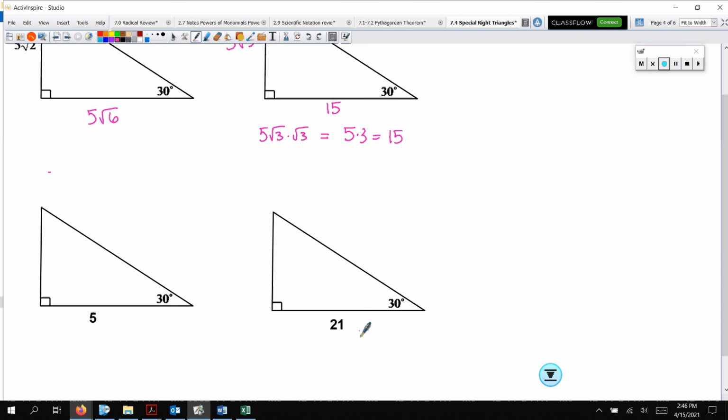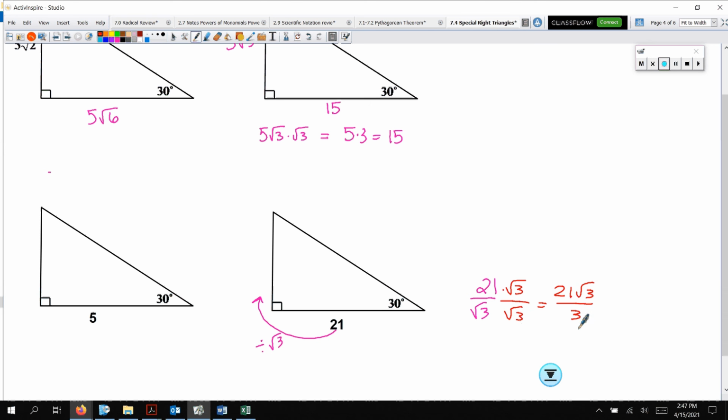All right, so to go from the long leg to the short leg, we divide by radical 3. 21 divided by radical 3 is a hot mess. I need to rationalize the denominator. I'm going to multiply by root 3 over root 3, and I get 21 root 3 over 3.